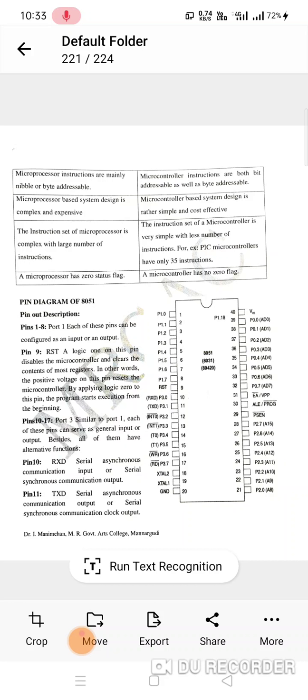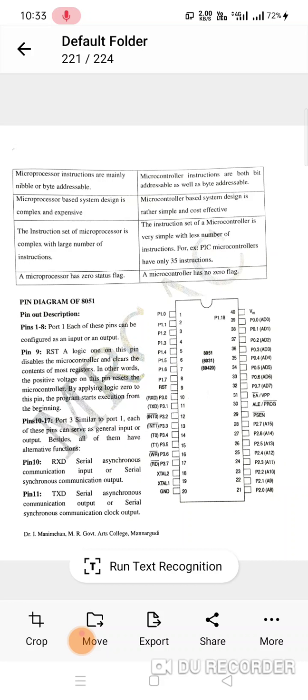Clear? So pin number 10 to 17 is port 3, similar to port 1. Each of these pins can serve as a general input or output. Besides, all of them have alternative functions. Port 3 pins have the same functions as port 1.